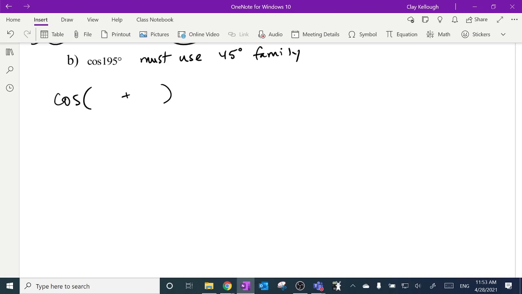So say that again? So 345 degree angles, so 345, so that's 45, 90, so that's 135. That works. Is that the only one that works? Anybody have anything different? I was thinking this.